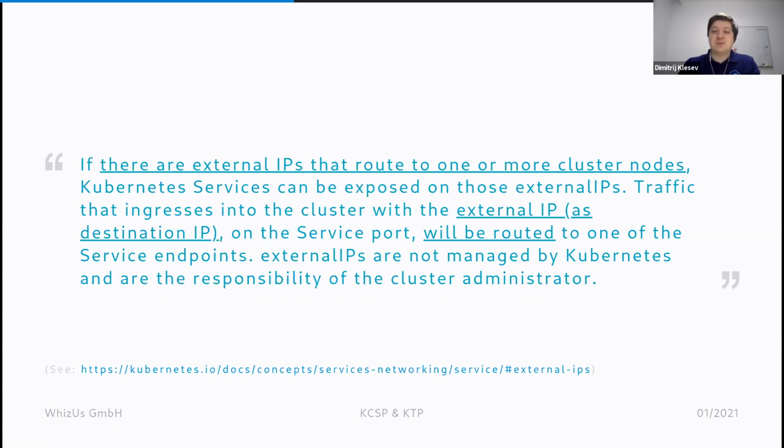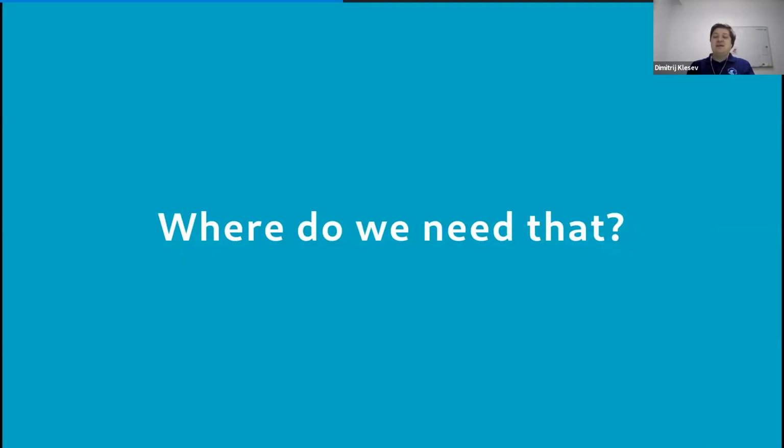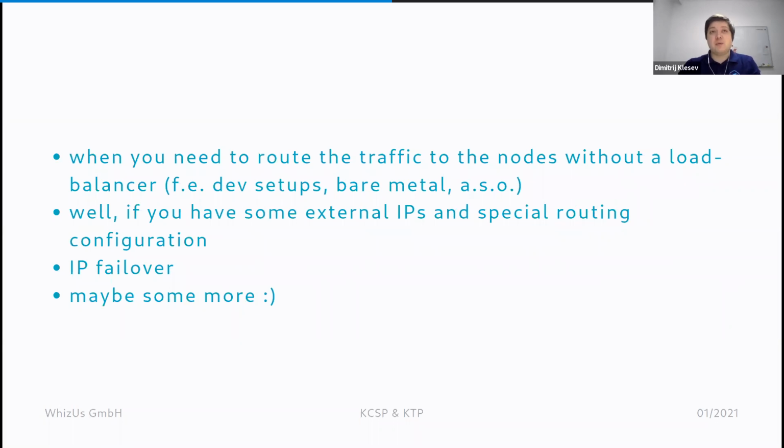And well, where do we need such behavior or such constructs or such complex setups? One may suggest, yeah, well, if you use a load balancer type, you will get these external IP settings already set. We will look into it in a few seconds.